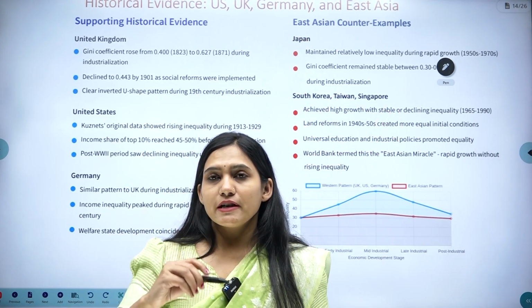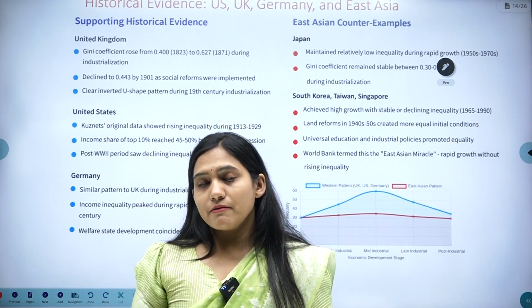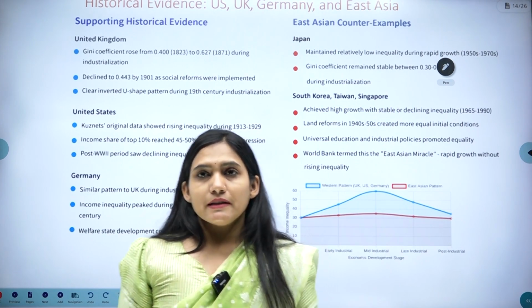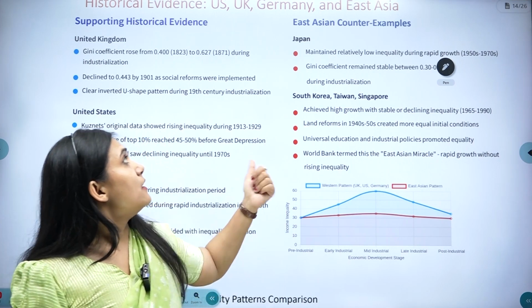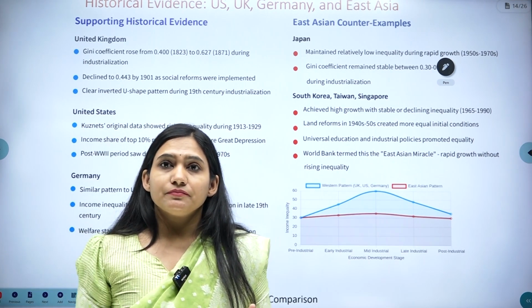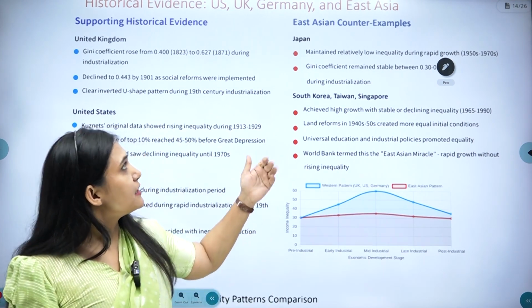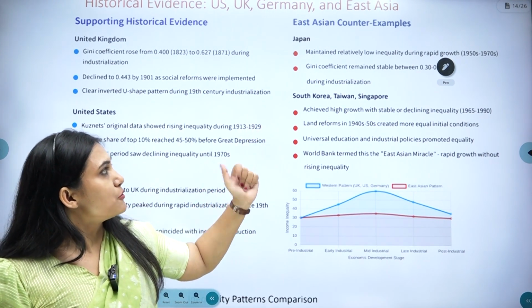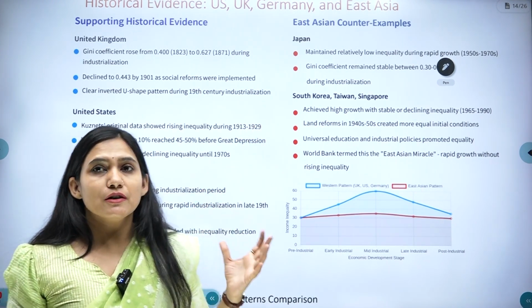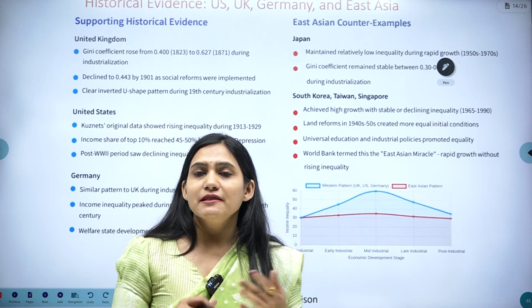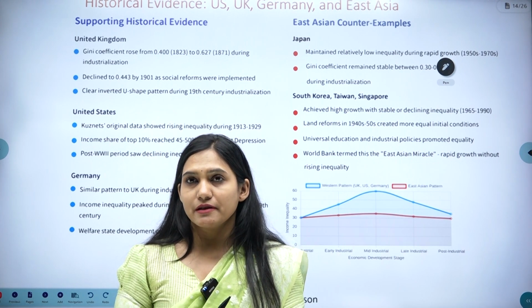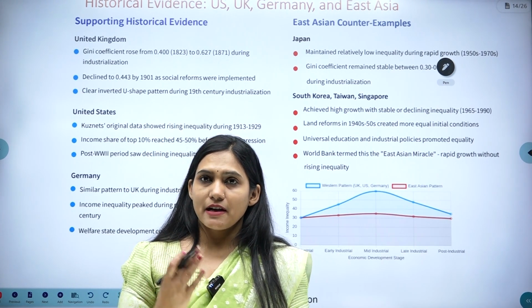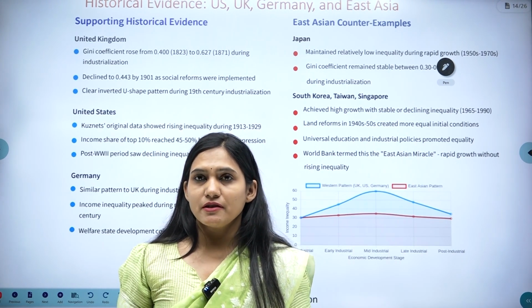Okay, what Kuznets said about the inverted shape curve was that such a curve was not prominently observed in East Asian countries, such as Japan, South Korea, Taiwan and Singapore, because these countries since the beginning invested in social services such as hospitals, healthcare services, access to education, infrastructure.